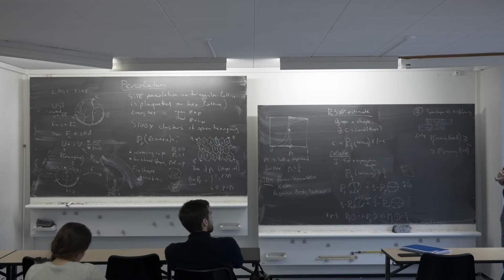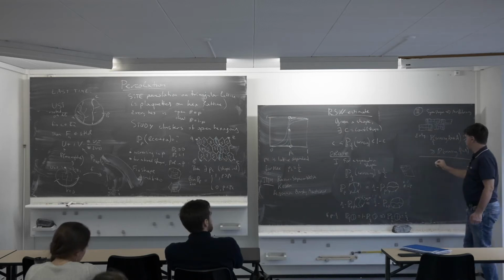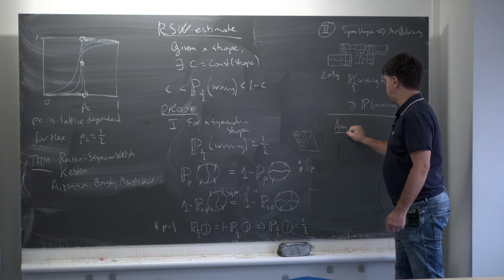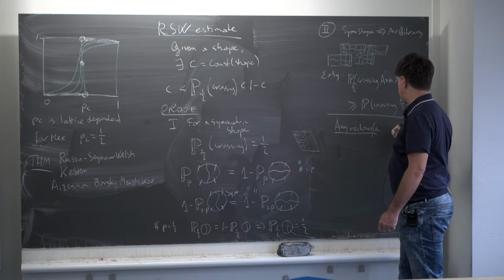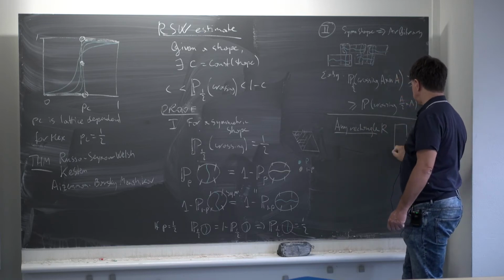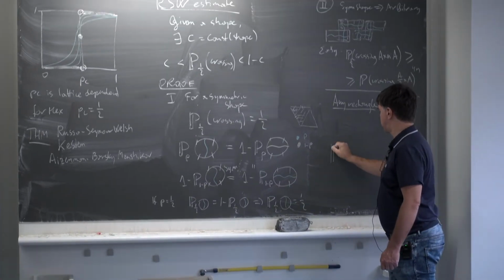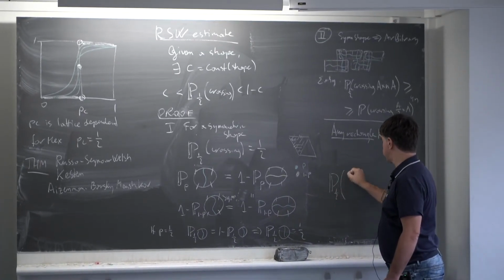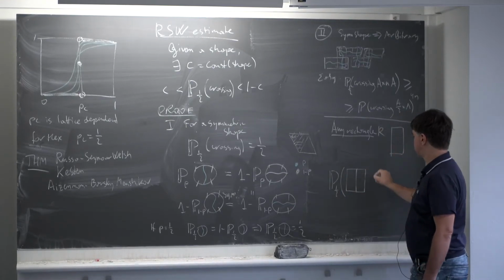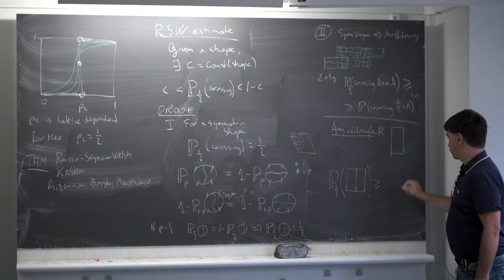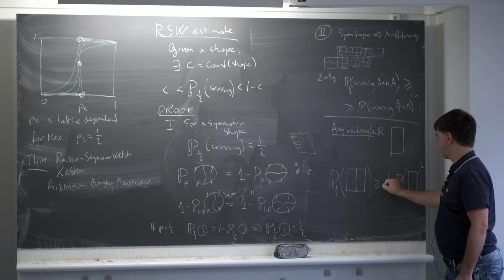So I want to do a simpler version of this trick. Suppose that we take any rectangle, let's say R. Then what I want to show is that the probability at 1/2 of crossing twice this rectangle, so it's this rectangle but double, is at least the probability of crossing this rectangle squared over 16.